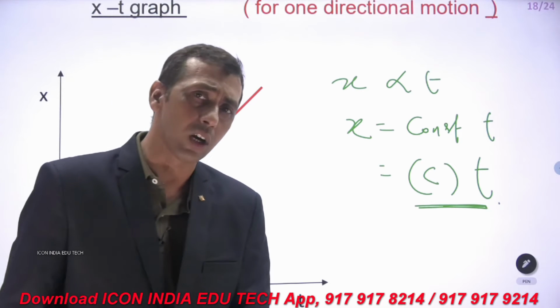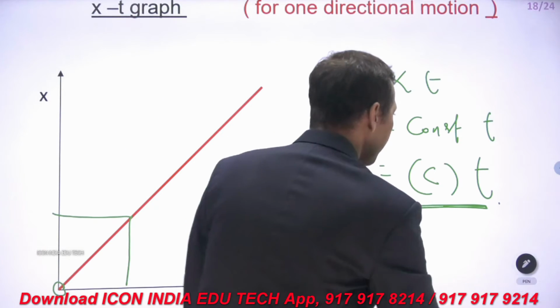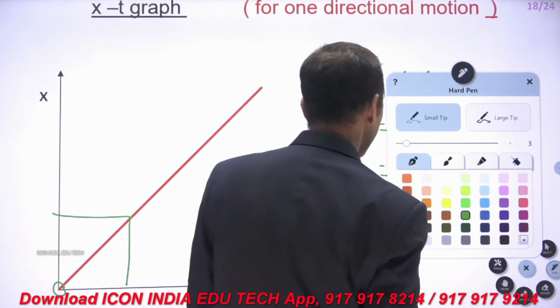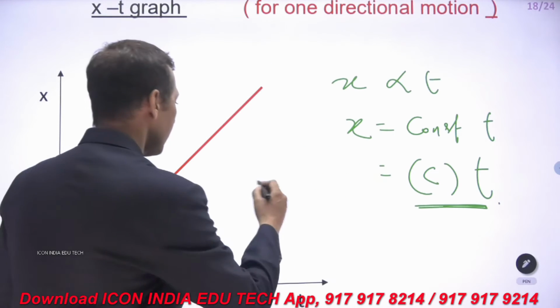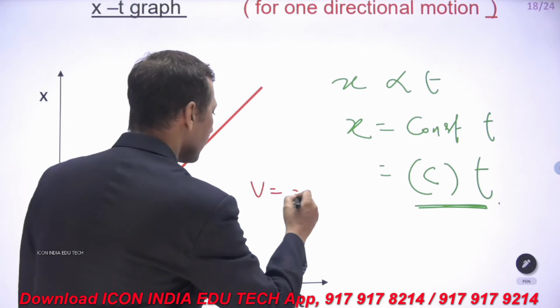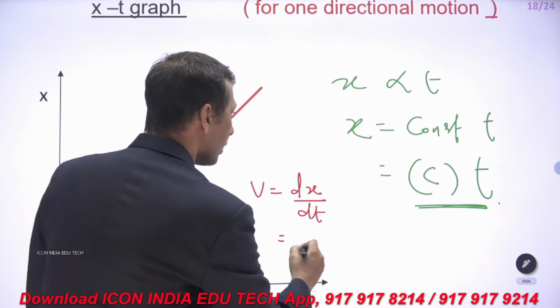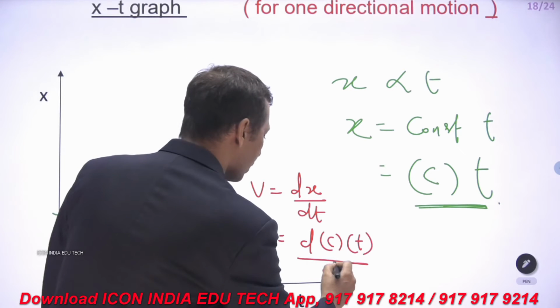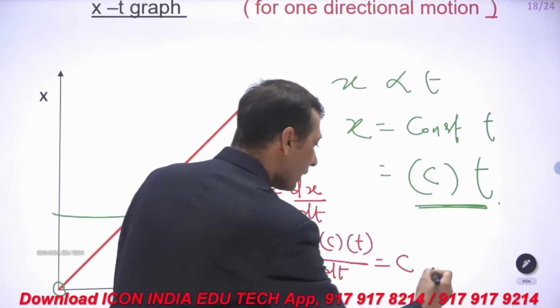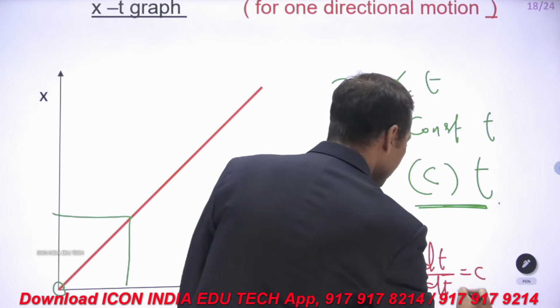We can directly talk about velocity of the particle right here. Velocity of particle in this case is equal to derivative of x with respect to time, derivative of c into t with respect to time, which is equal to c times derivative of t with respect to t, ultimately equal to c.